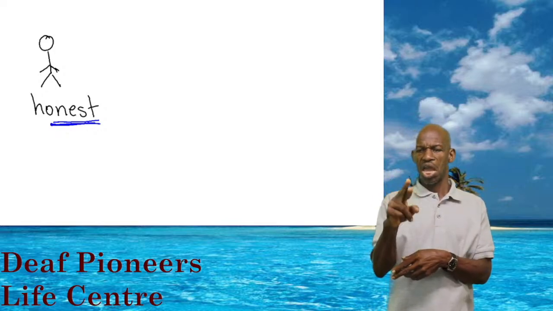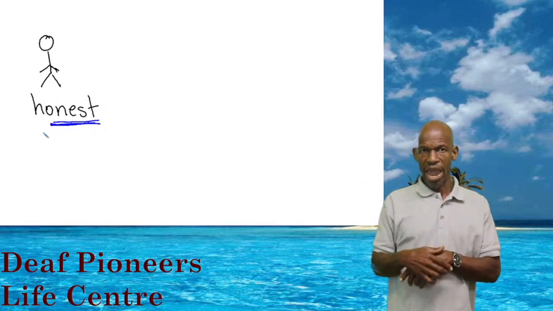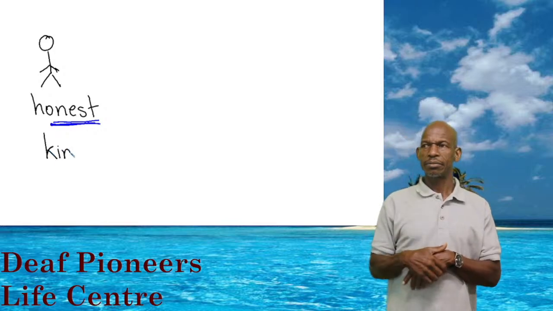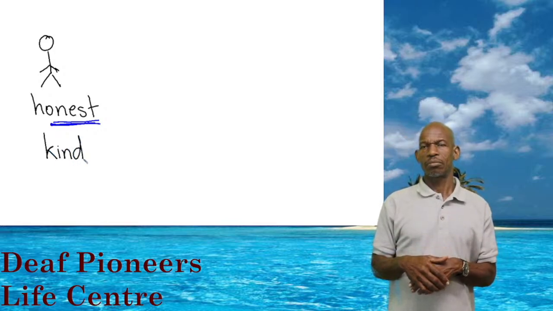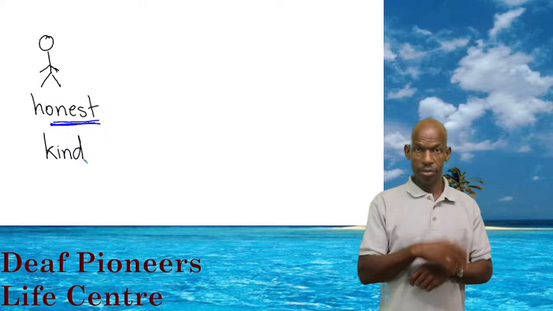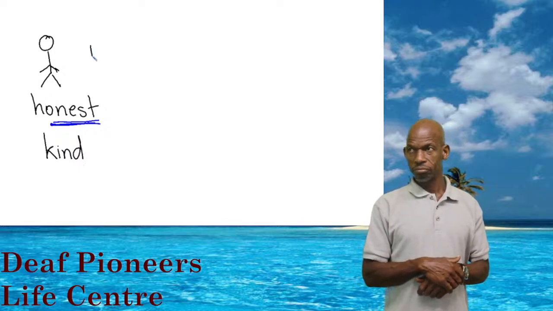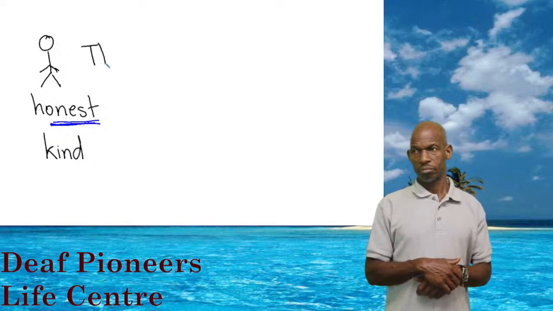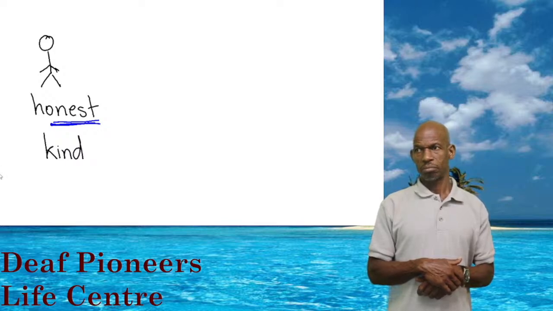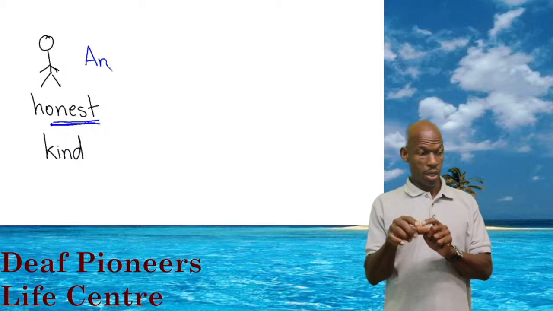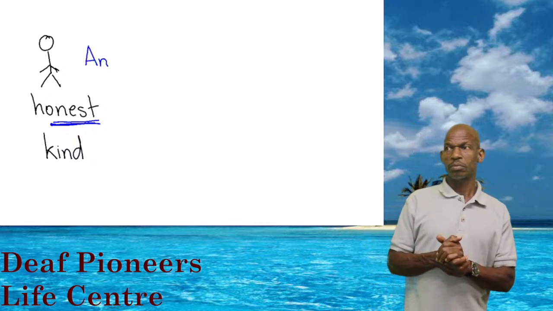And we can say, this man, apart from being honest, we can say he is kind. As he's thin and he's weak and whatever, and he's sad. But he's a kind man. So let me just use the a and the an in this instance. I have to use an, then I'm going to use honest.